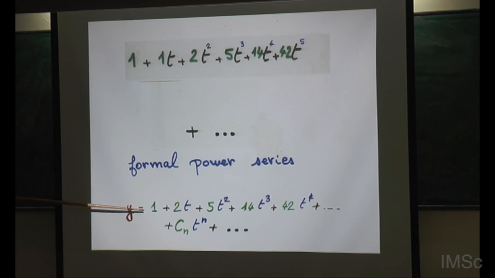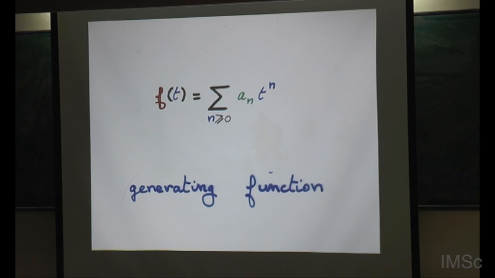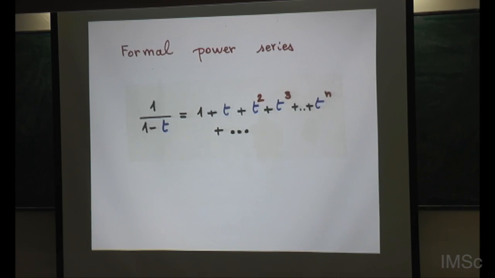So this is just an intuitive introduction. The coefficient of t^n will be exactly the Catalan number C_n. And we call this a generating function for the numbers a_n. It can be considered as a function, even if it is nonsense, with no radius of convergence, but everything is formal in this lecture.